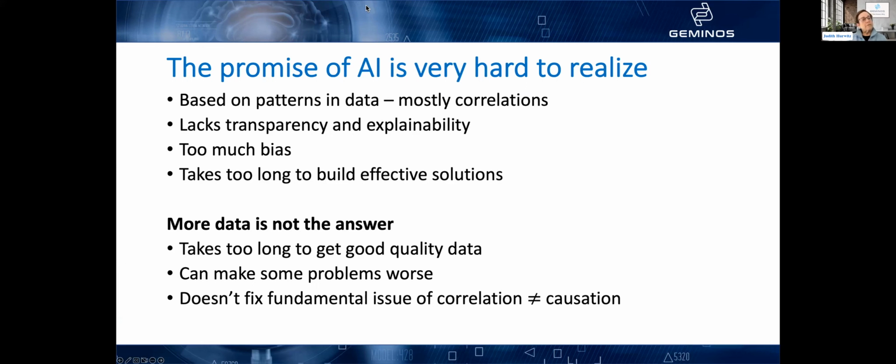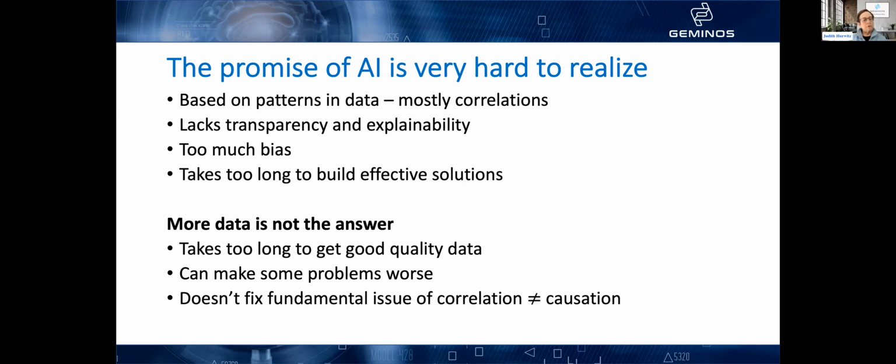So if we think about the problems that we are experiencing with traditional AI approaches, it is basically based on a black box model, which cannot easily be explained from a business point of view. In addition, we can also see that biases can be introduced. For example, there may be references to race or gender that can become part of the data that really is inappropriate when we're trying to analyze a problem.